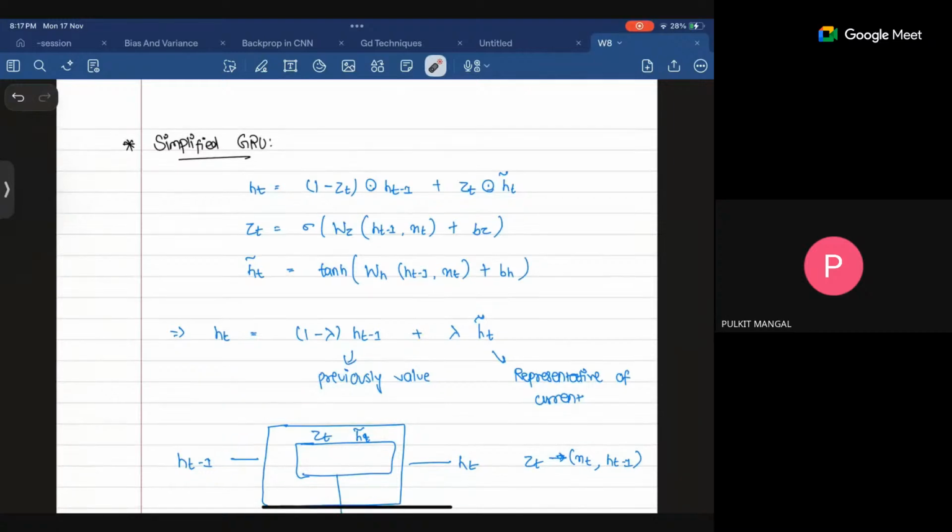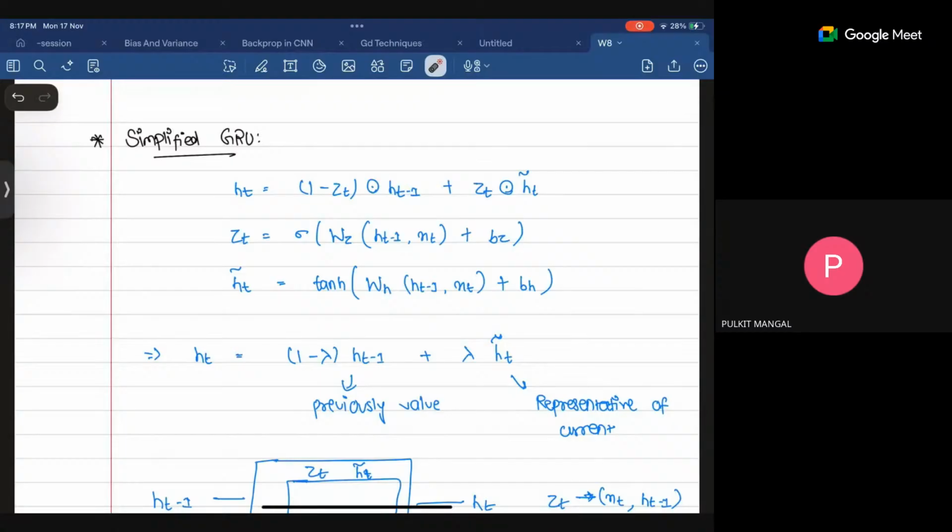So starting with the simplified version of GRU, gated recurrent unit. The only change is in some equations. The ht equation is (1 minus zt) element-wise product with ht minus 1, plus zt element-wise product with h tilde t.